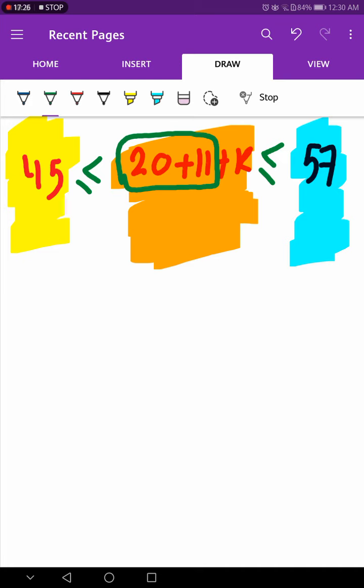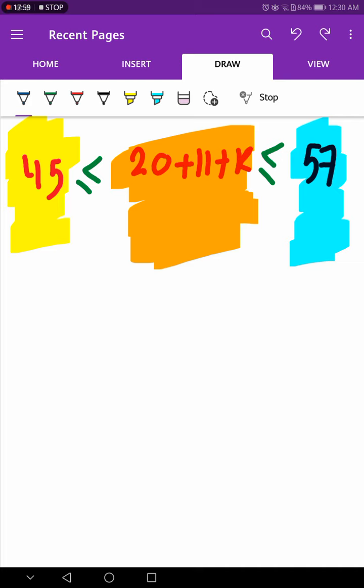Or you can keep them and do the traditional way: I eliminate the 20 and the 11, each one in one step. Or you can eliminate them in one step, because the total of them is 31. It is up to you. I will make it in 2 steps.